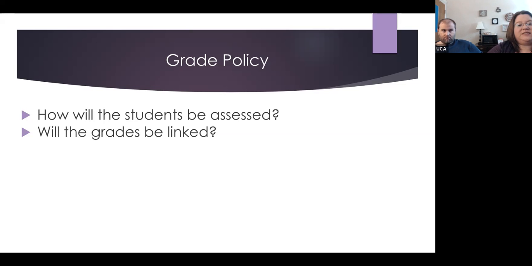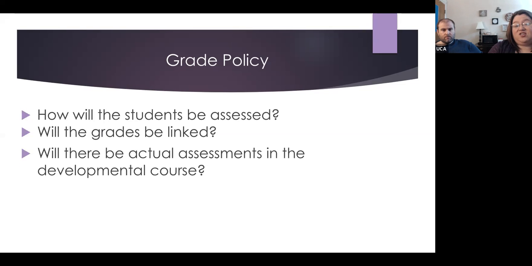All of the assessments, all of the grades will be in college algebra, and then we do what we call link the grades. So we have a grade policy on our syllabus, and I've got a copy coming up in a slide in the future. But it just says whatever grade you earn in college algebra, that's the grade you're going to get in foundations.